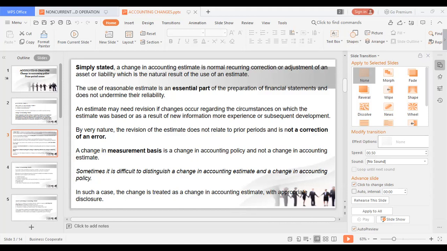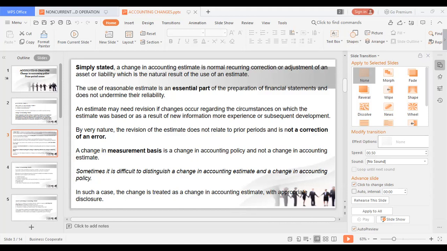The entity provided the following year-end inventory balances under the FIFO and the weighted average methods. So we have now the years, then the amounts of inventory under FIFO and under weighted average. What pre-tax amount should be reported in the 2020 statement of changes in equity as the cumulative effect of the change in accounting policy?